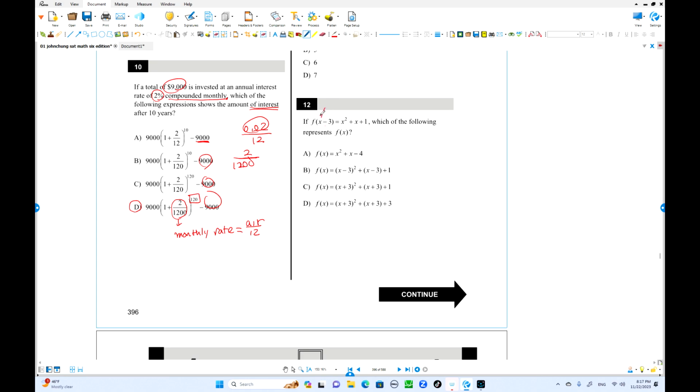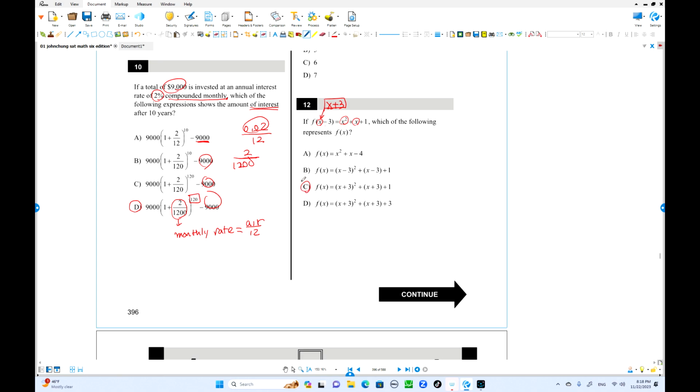When you put in x plus 3, x plus 3 minus 3 is x. So we can substitute x plus 3 in for x. It's okay. So x plus 3 in there also, okay? So choice C is the answer, okay?